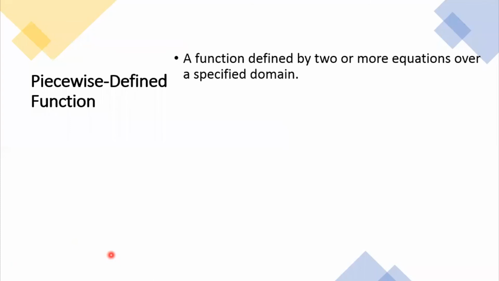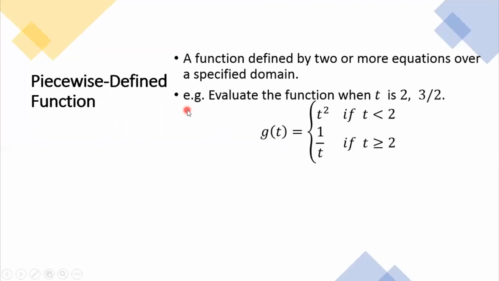So what is a piecewise defined function first? A function defined by two or more equations over a specified domain. So this is what we call a piecewise defined function if it consists of two or more equations over a specified domain.